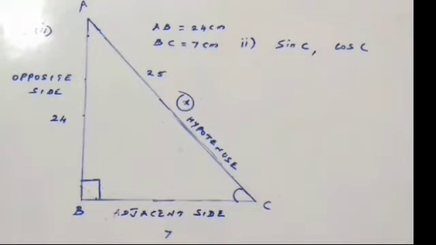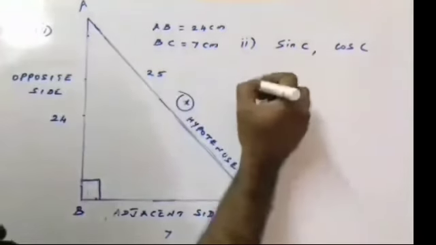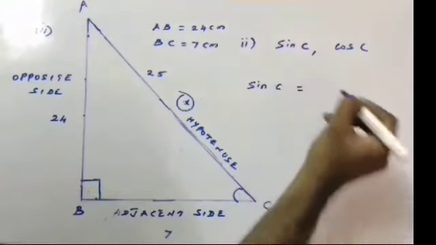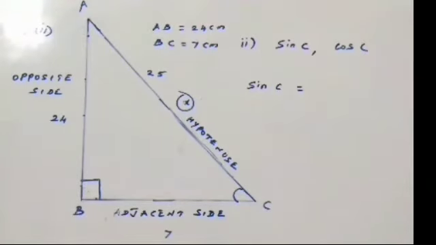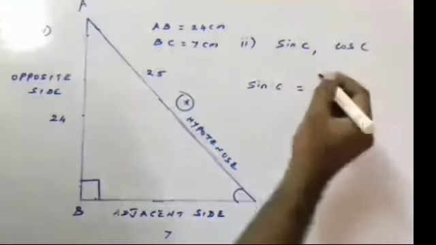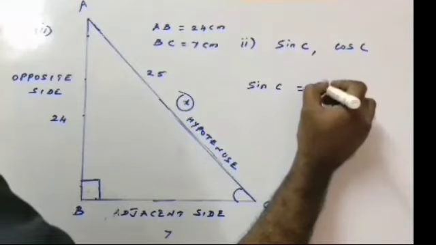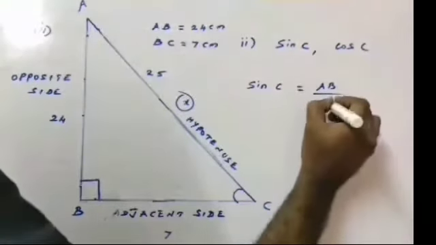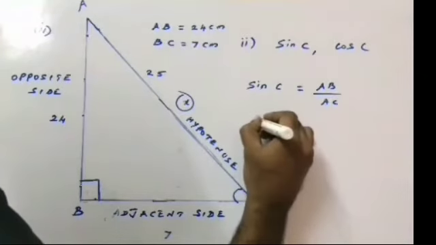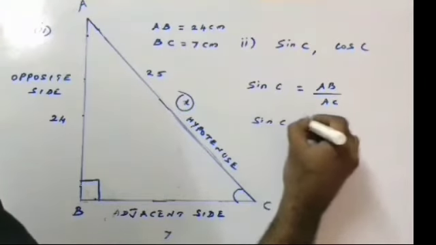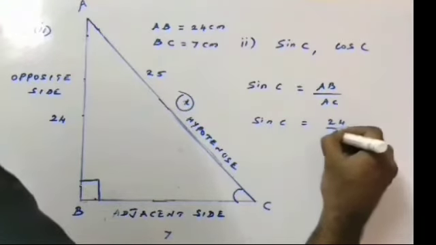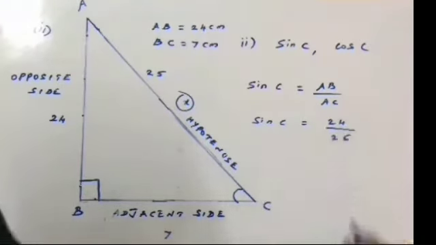They are asking sin C. We know that sin theta equal to opposite side by hypotenuse side. Here opposite side is AB by hypotenuse side is AC. So sin C equal to 24 by 25.